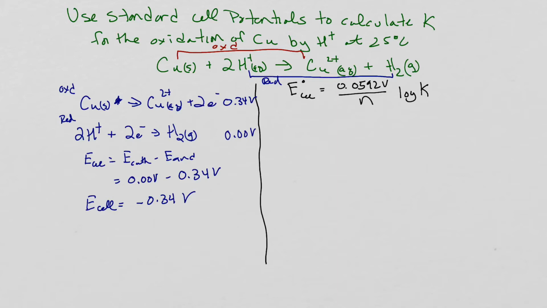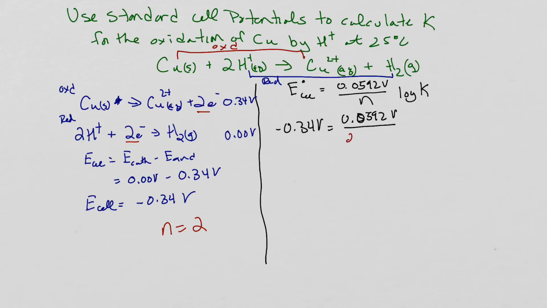So if I plug in my negative 0.34 volts equals 0.0592 volts divided by n. Okay, so if we look here, what does n equal? Well, again, we have a 2-electron process, 2 electrons lost, 2 electrons gained, so n equals 2.